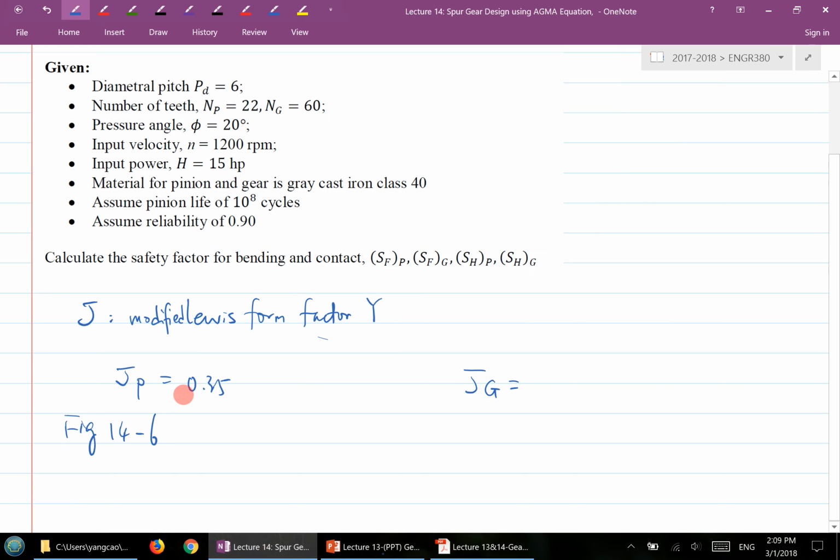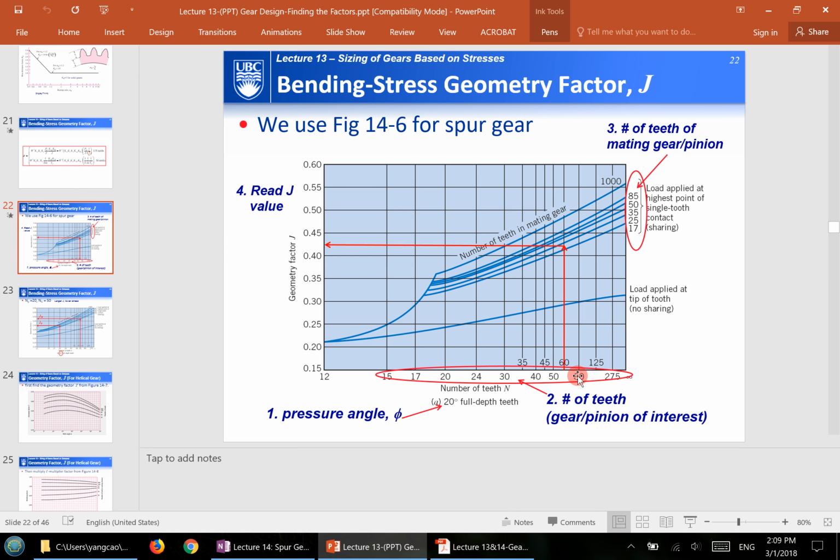And that's JP. So let's take a look at the J value for the gear. The number of teeth on the gear is 60. So there's a 60 right here, and then 60 goes up until 22. So on this side you need to find the 22 here. This 22 is roughly above 17 and below 25, so it's between 17 and 25.